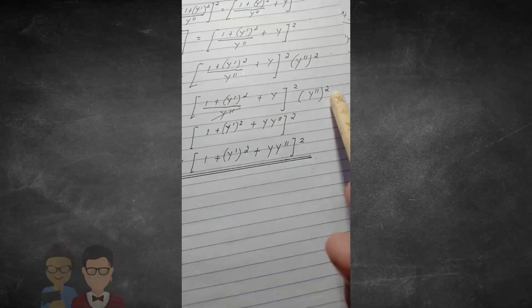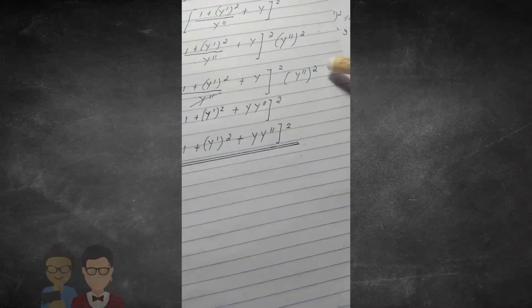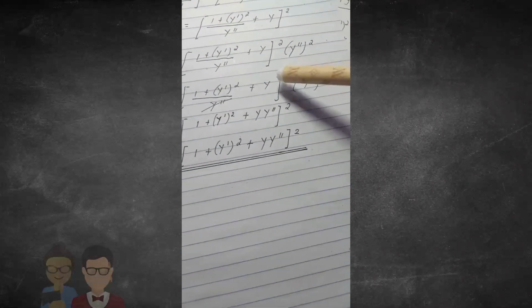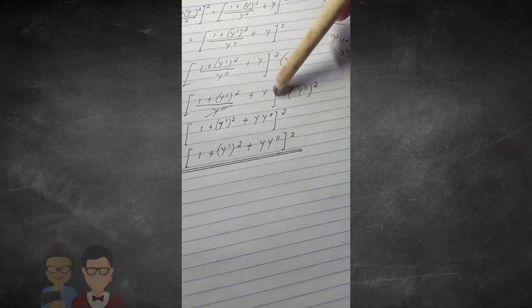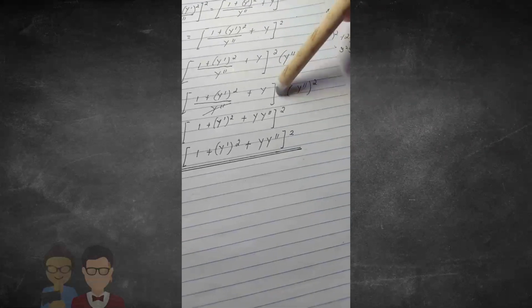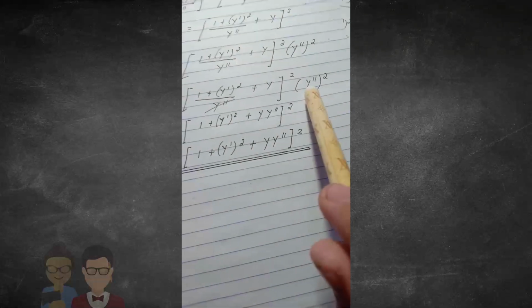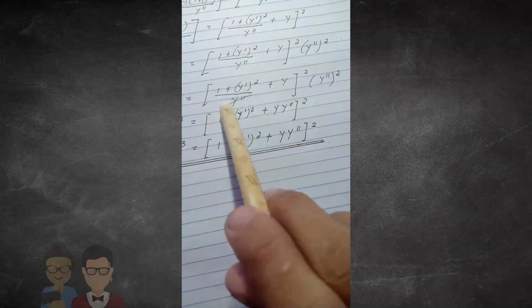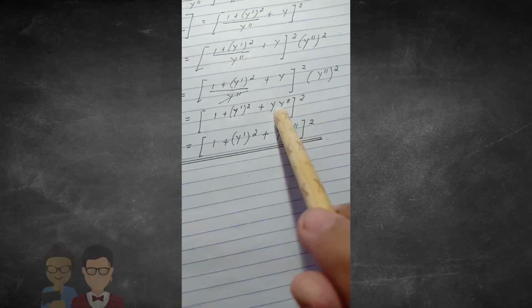So y double prime squared, but inside this is square. So the technique is just, what do you call this? Just ignore the powers because they were just the same. So y double prime cancel. Y times y double prime, then copy the power.